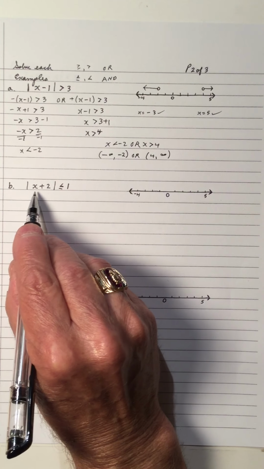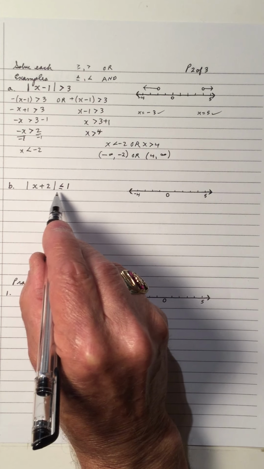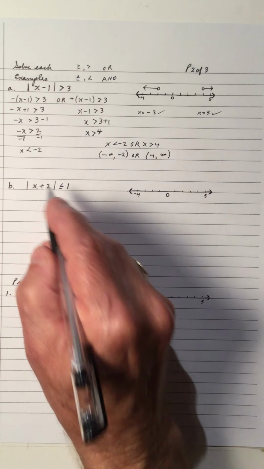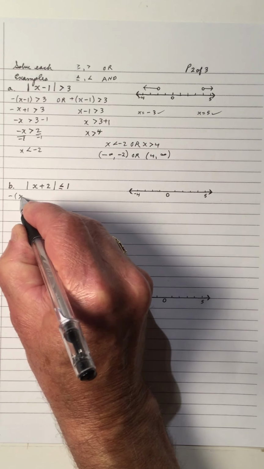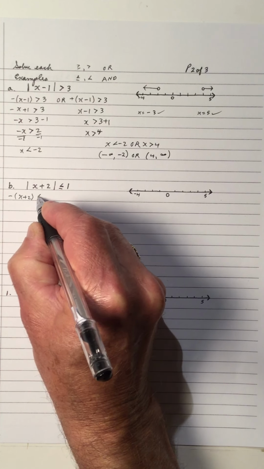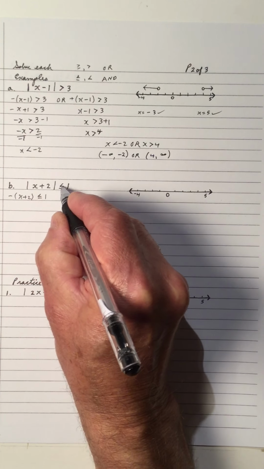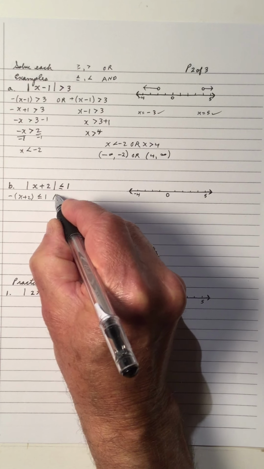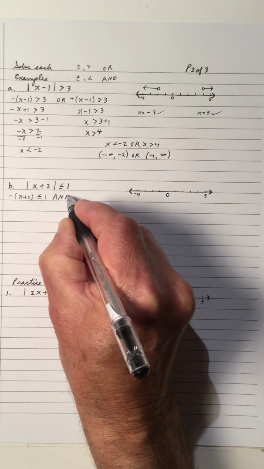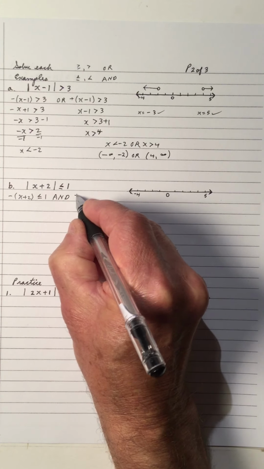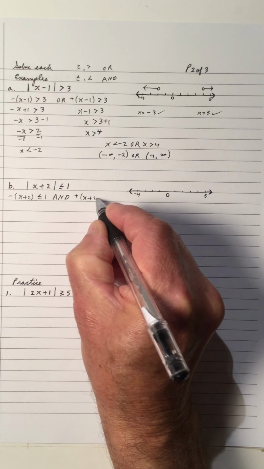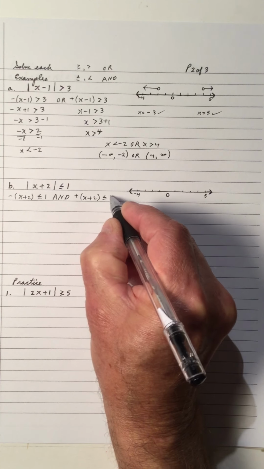B, the absolute value of x plus 2 is less than or equal to 1. So the negative of x plus 2 is less than or equal to 1, and less than or equal to is an and, the intersection. And the positive of x plus 2 is less than or equal to 1.